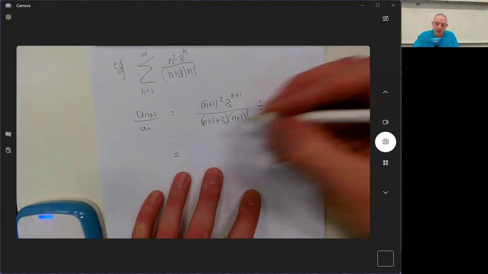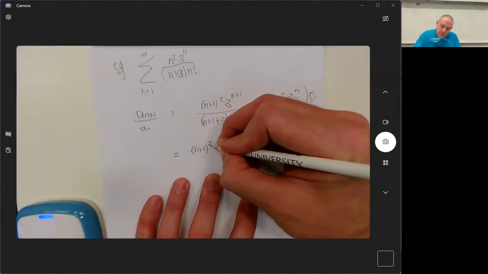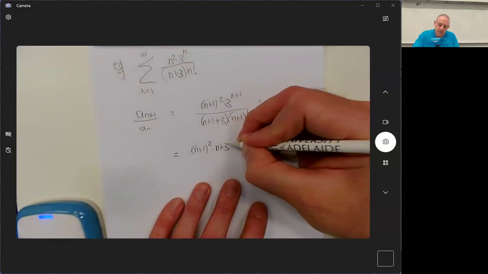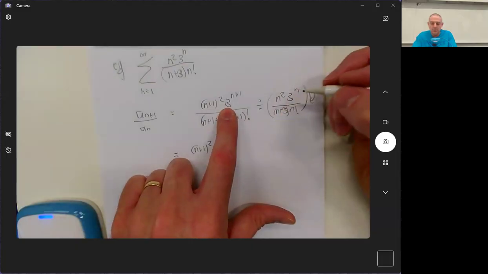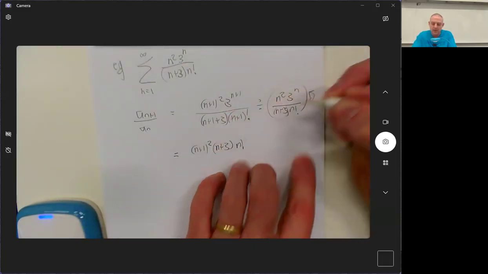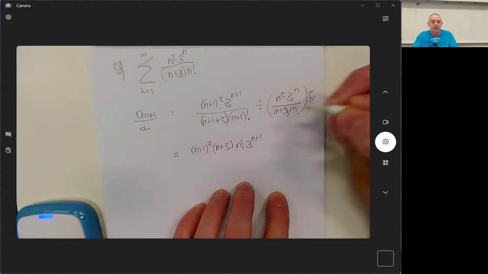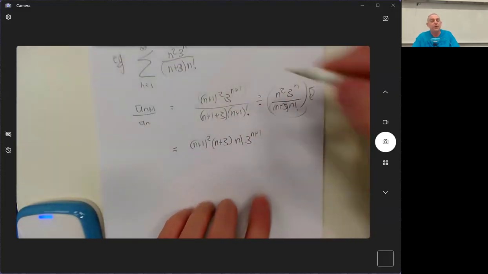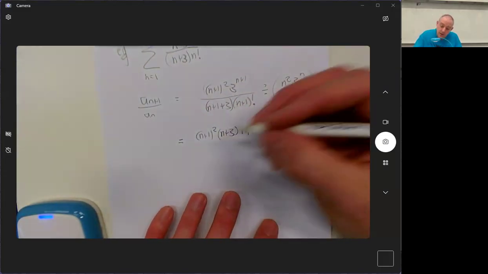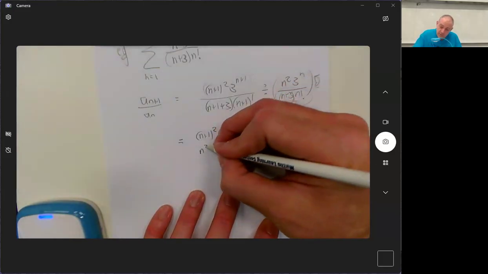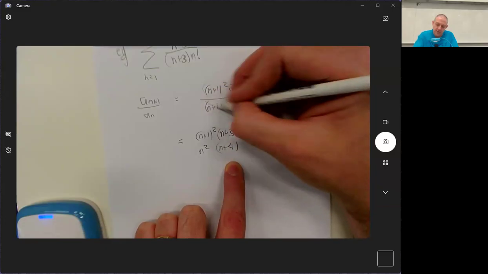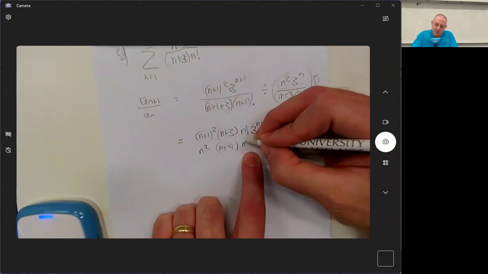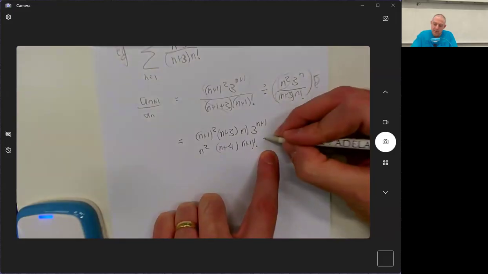And so on the top I'm going to have an (n plus 1) squared and an n plus 3. From here I'm going to get an n factorial and a 3 to the n plus 1. So all of these things end up on the top. And on the bottom I've got an n squared from here, I've got an n plus 4 from here, I've got an (n plus 1) factorial, and I've got a 3 to the n.